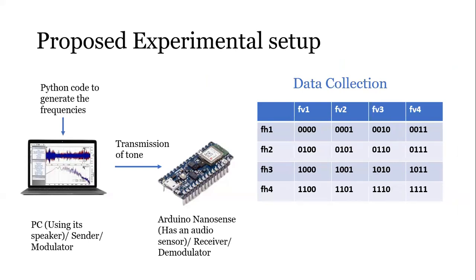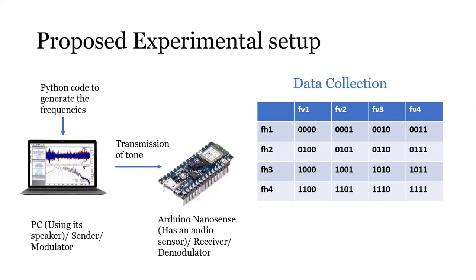So the PC will be used to generate two frequency signals simultaneously for a brief interval of time, and each of such transmission is one symbol. So at every interval of time, 4 bits will be sent by the sender, which is our PC.